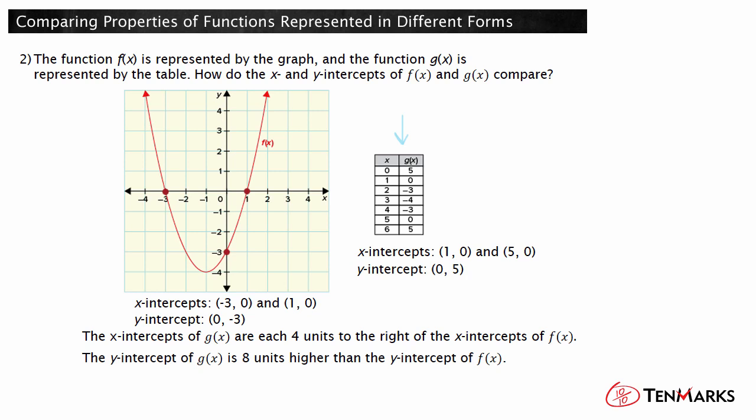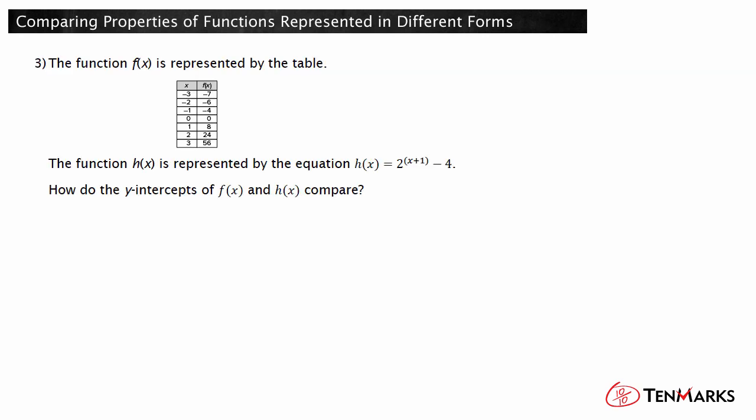Let's look at one more example. The function f(x) is represented by the table. The function h(x) is represented by the equation h(x) = 2^(x+1) - 4. How do the y-intercepts of f(x) and h(x) compare?